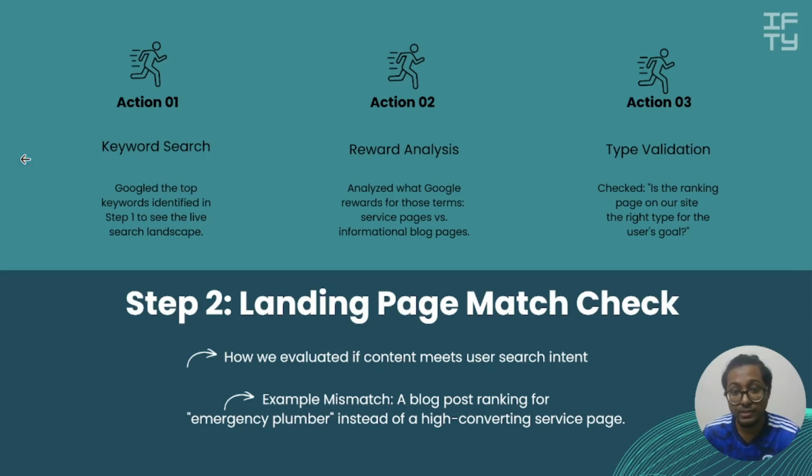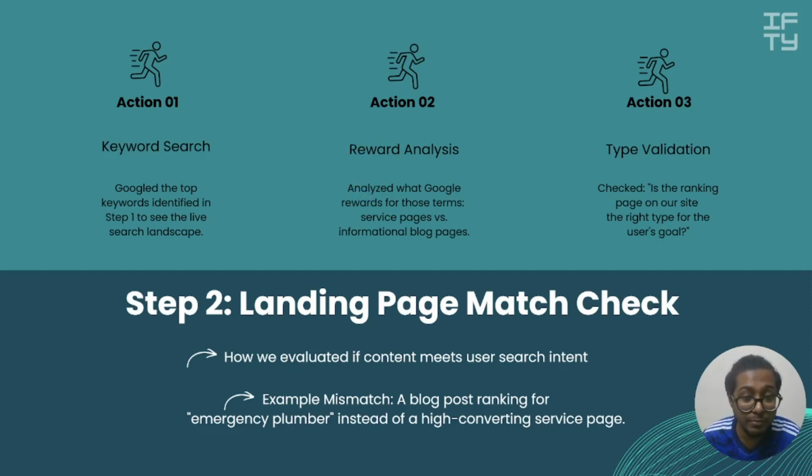Next I checked landing page match, whether the ranking page actually matched what buyers expect to land on. Here's how I did it. I googled the top keywords and looked at what Google is actually ranking, service pages or blog posts. Then I checked if the site's ranking page matched that same format. A blog post ranking for a buying keyword like emergency plumber, Google might rank it, but a blog post does not convert a buyer.